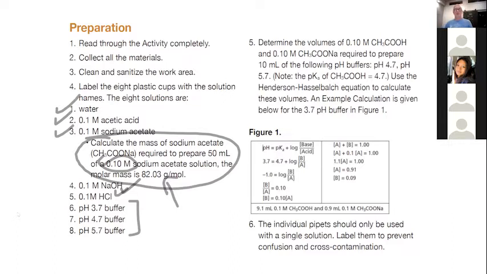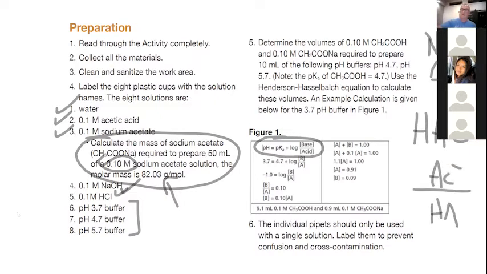So how are we going to do that? Well, we're going to do that by mixing the acetic acid solution and the sodium acetate solution. And so you pour them in different ratios, and using this equation, figure out the ratio you need for acetate divided by acetic acid.